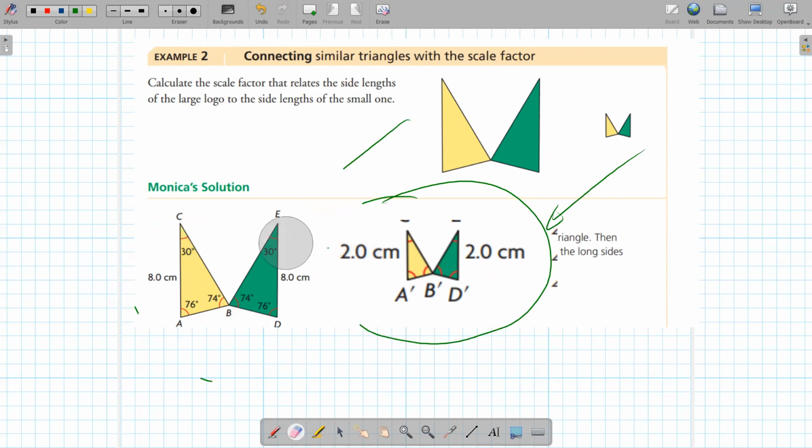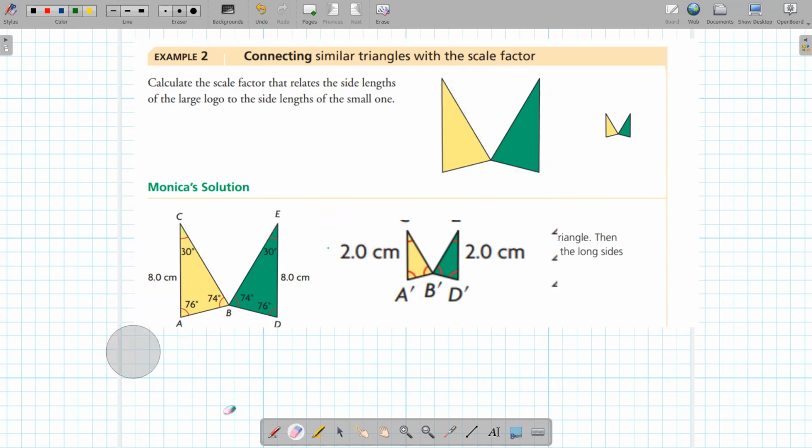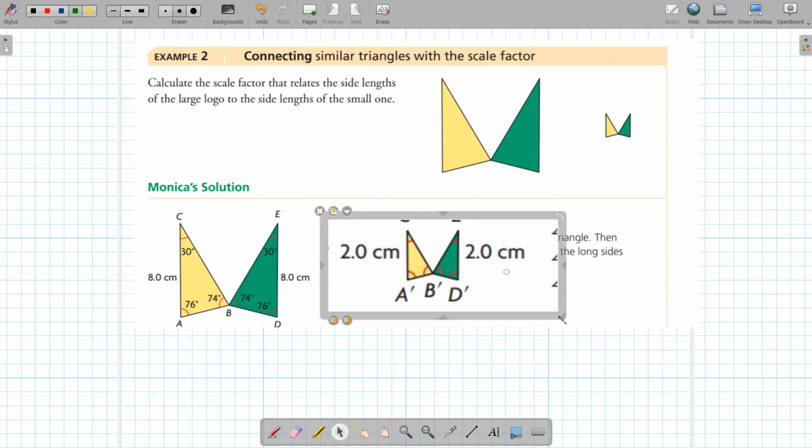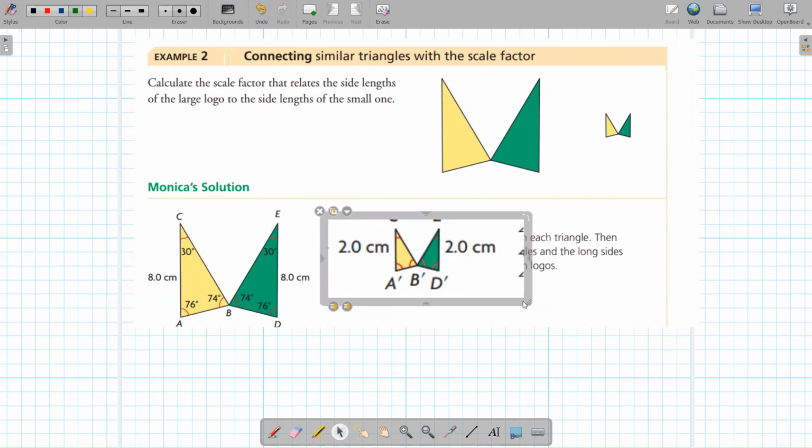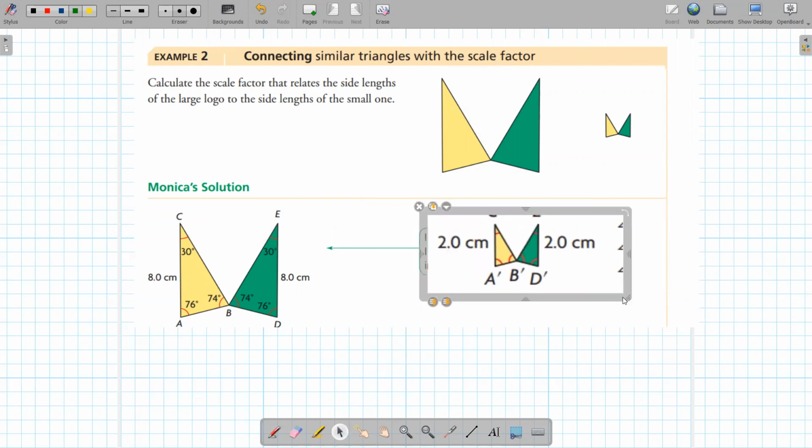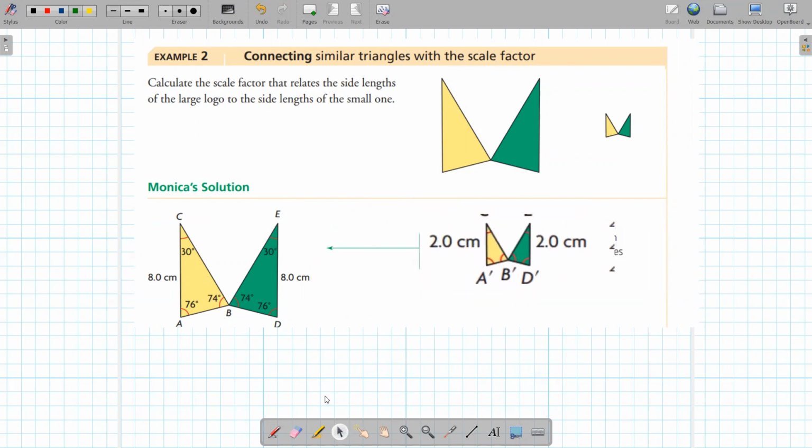Question 1, are they similar? Yes. So what's the scale factor? 4.